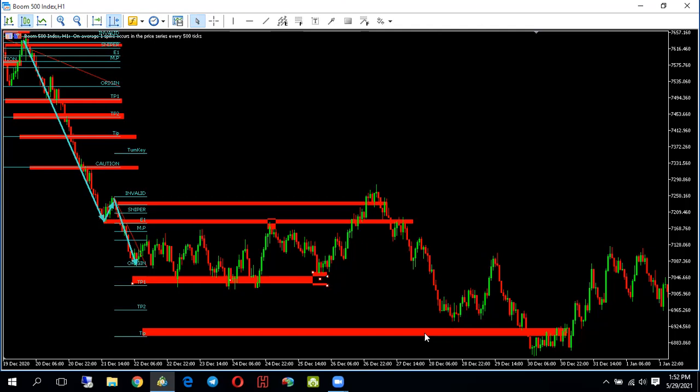Beautiful. Another thing I want to show you is that even in the midst of this overall bearish trend, I could have also entered a profitable bullish market. I could have taken a very profitable bullish entry from this point.